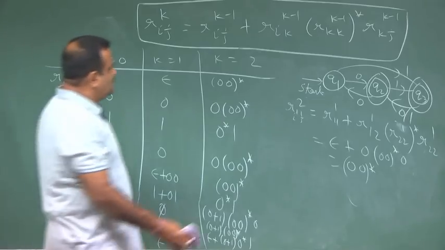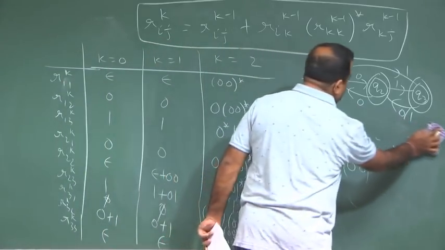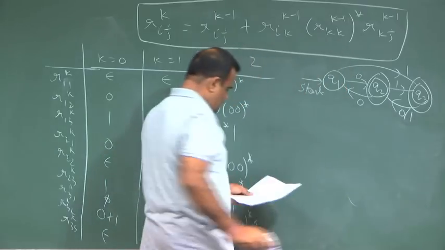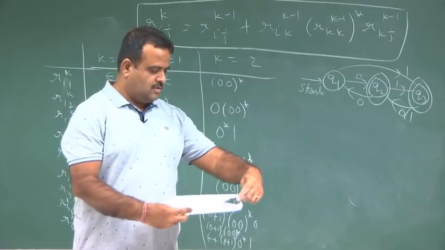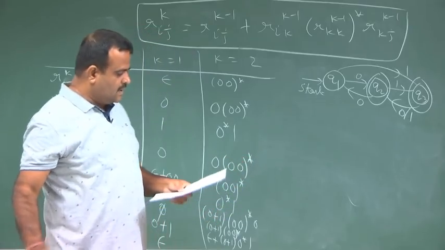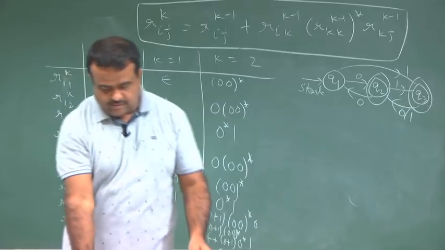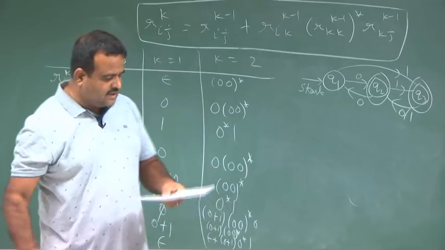Now, what is our regular expression? For our regular expression we need k is equal to 3. So for that we need to calculate this for k is equal to 3.